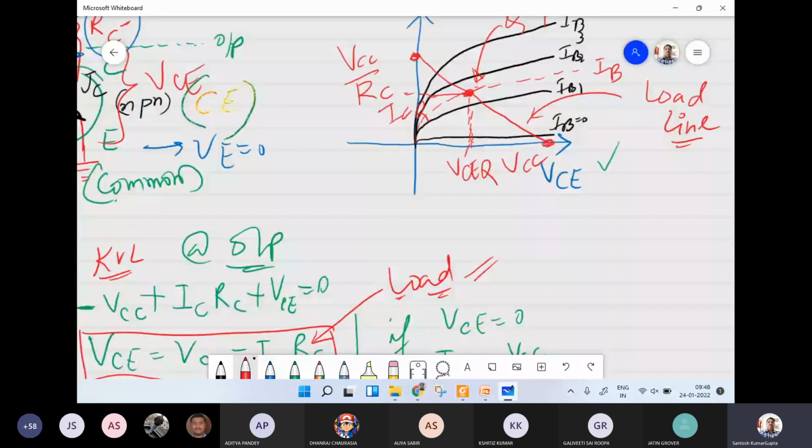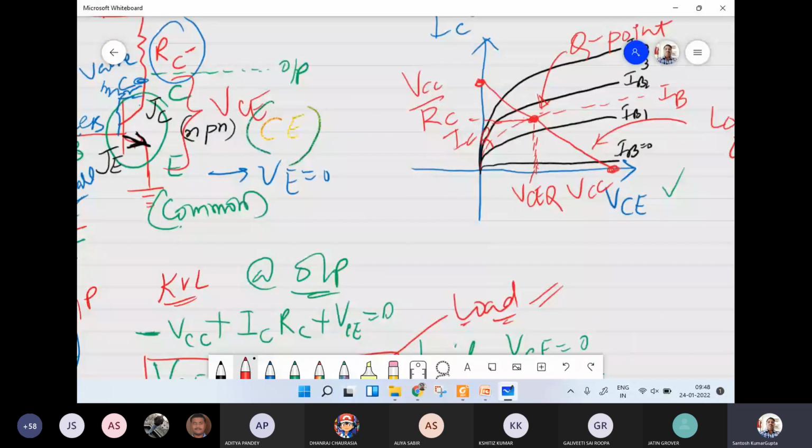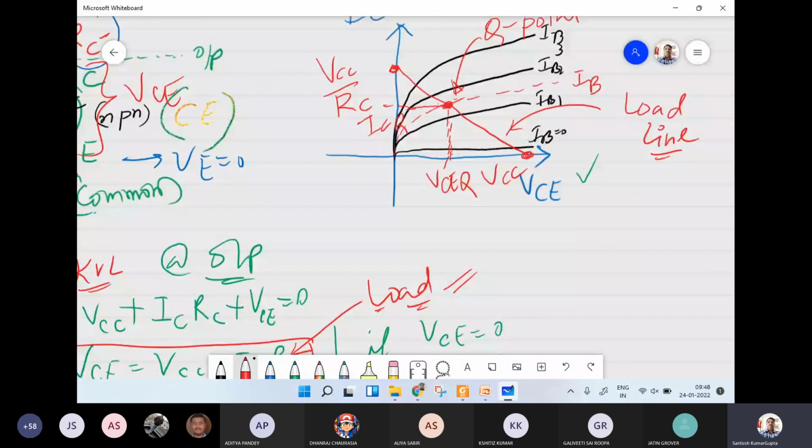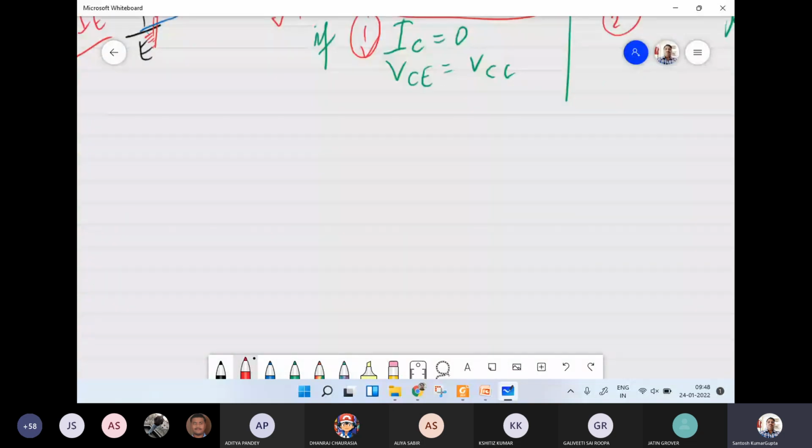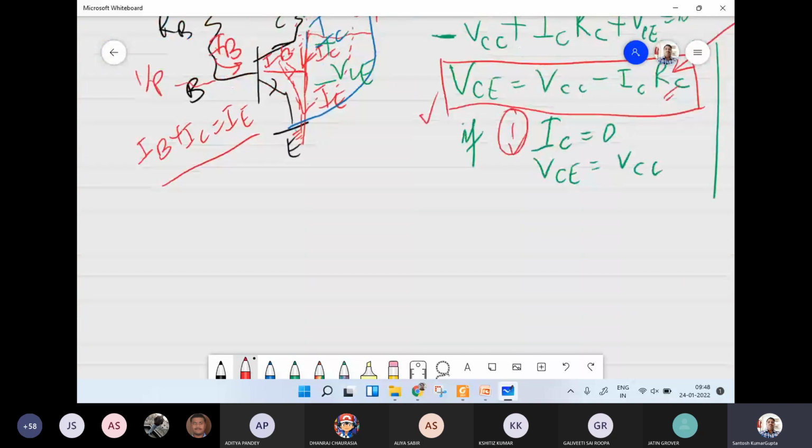Another thing is that we know some parameters of these transistors which we have understood a little in the previous few lectures. The parameters like large signal gain, alpha or beta.